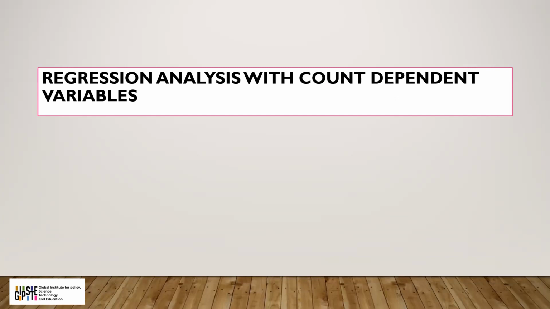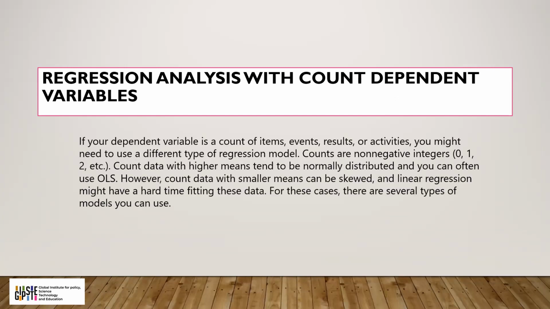The next is regression analysis with count dependent variables. If your dependent variable is a count of items, events, results, or activities, you might need to use a different type of regression model. Counts are non-negative integers, which start from 0, 1, 2, 3, 4, up to infinity. Count data with higher means tends to be normally distributed, and you can often use OLS.